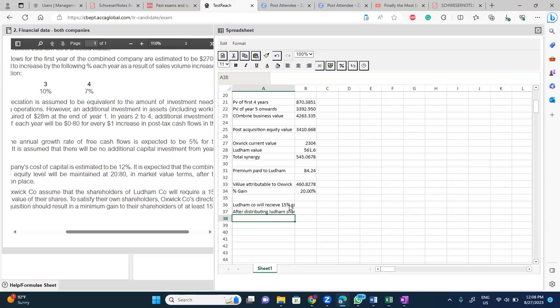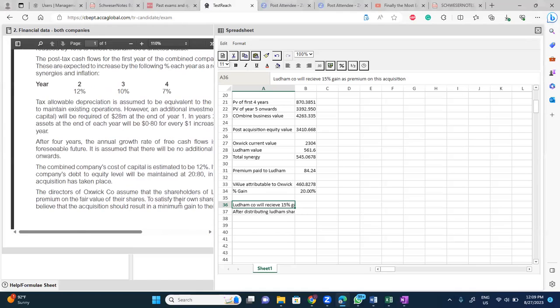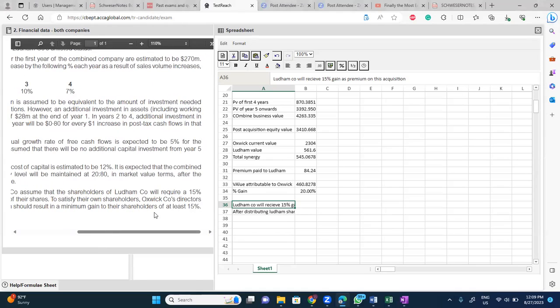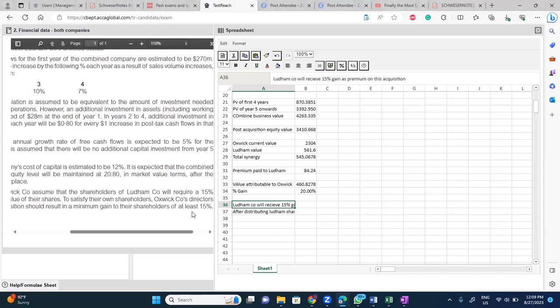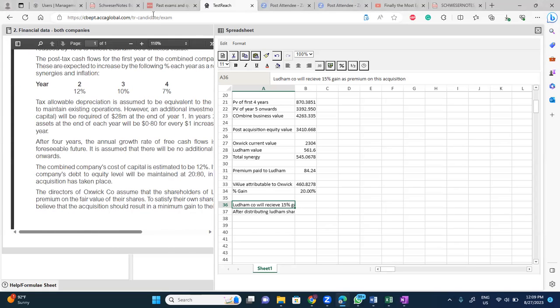What they were expecting was a minimum gain to their shareholders of at least 15%, but they are getting 20%. Okay.